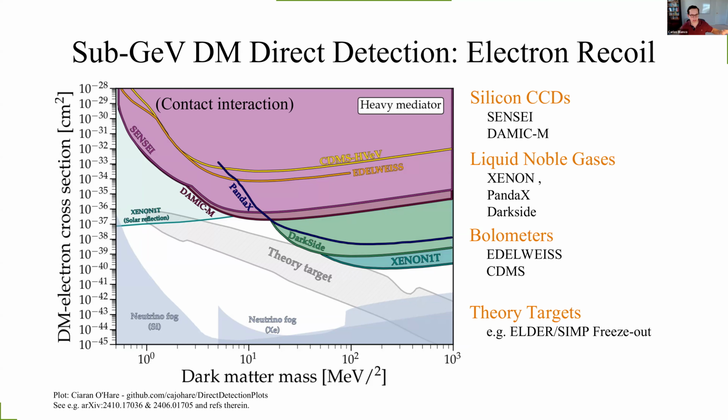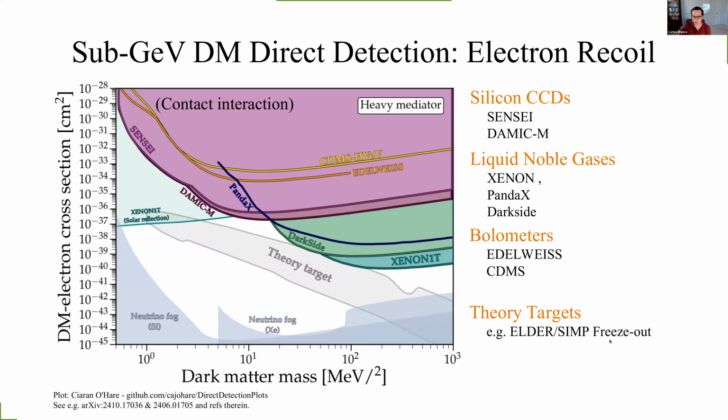Whereas Sensei and DAMIC and things that fall below about 10 MeV are looking for bound-to-bound transitions, where you go from ground state to some bound excited state, and you have to trap it and be able to detect it, okay? These single particle transitions are very difficult to find in general, and that's why these things work very differently. The kinds of theory targets are much more well defined in this space, right?